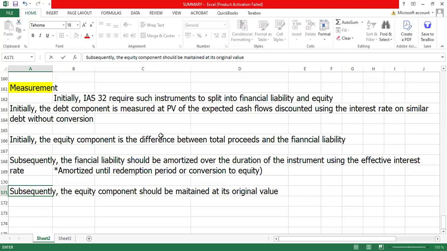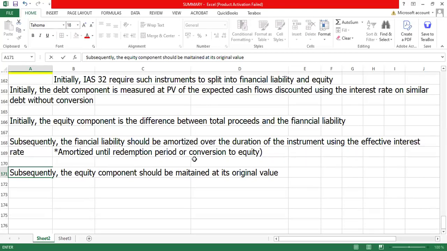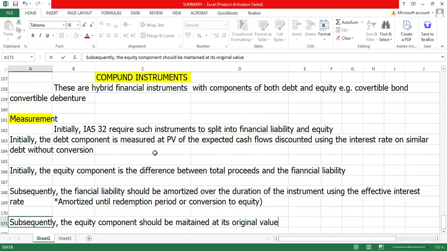So you don't change anything. What can change is only the financial liability. Okay. So with that, let's do some questions about this.